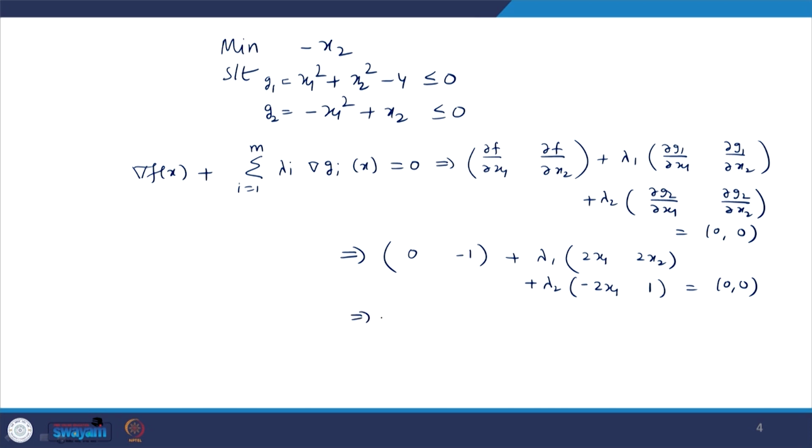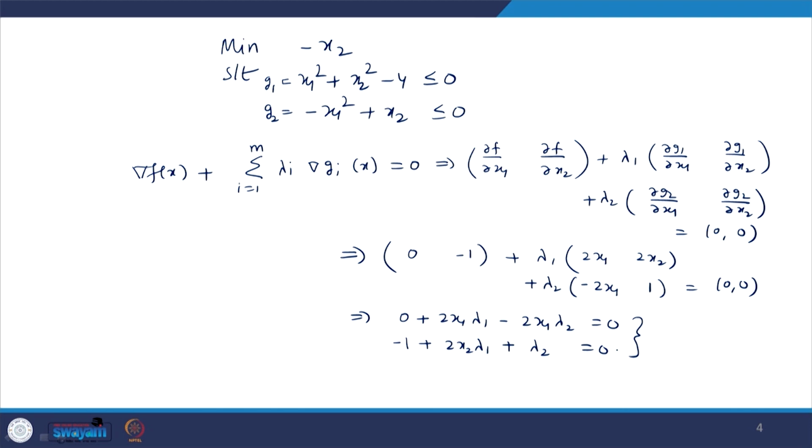This implies 0 plus 2x1 lambda 1 minus 2x1 lambda 2 is equal to 0, the first equation. The second equation is minus 1 plus 2x2 lambda 1 plus lambda 2 equal to 0. So, these are the two equations which we got from the first KKT condition.